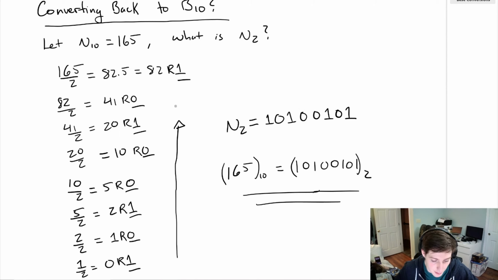And what we're going to do is trace our way back up this ladder, where each of these 1s and 0s is the order that we are going to write our number. So from this, we simply have 1, 0, 1 going up the ladder, 0, 0, 1, 0, 1. That is going to be our base 2 number to express 165 in base 10.